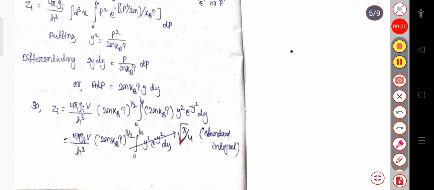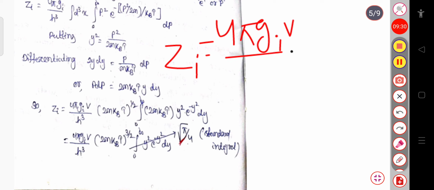If I put this in, the final expression for the partition function is Zi equal to 4 pi Gi V divided by h cube into 2m kT power 3 by 2.